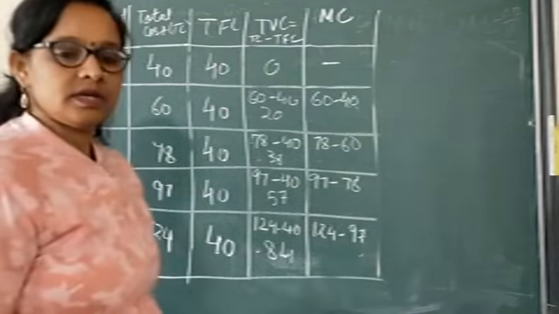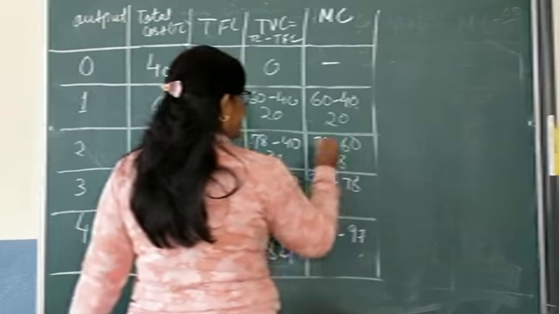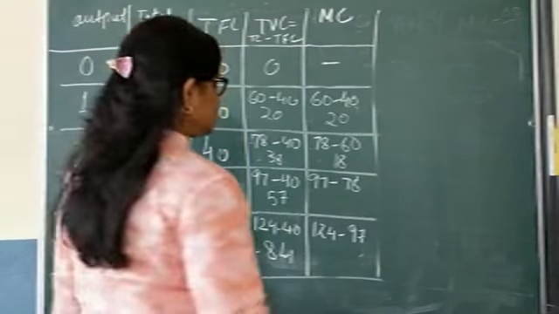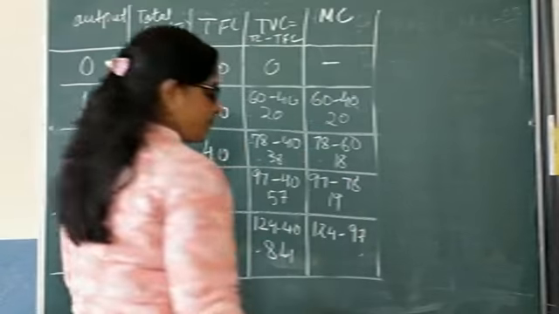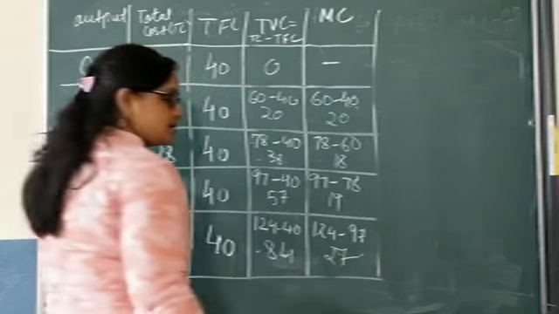Is it clear? So you will get 20 here, 18 here, 19, and the last one you will get 27. Is it clear? Fine.